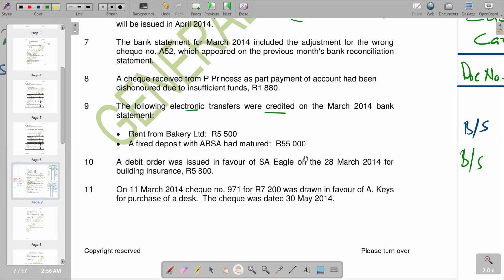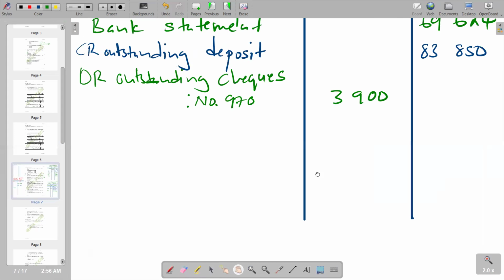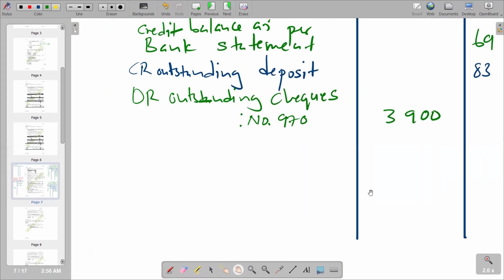So go to bank reconciliation, and we are saying it's check number 971. We can maybe try to recheck the check number.